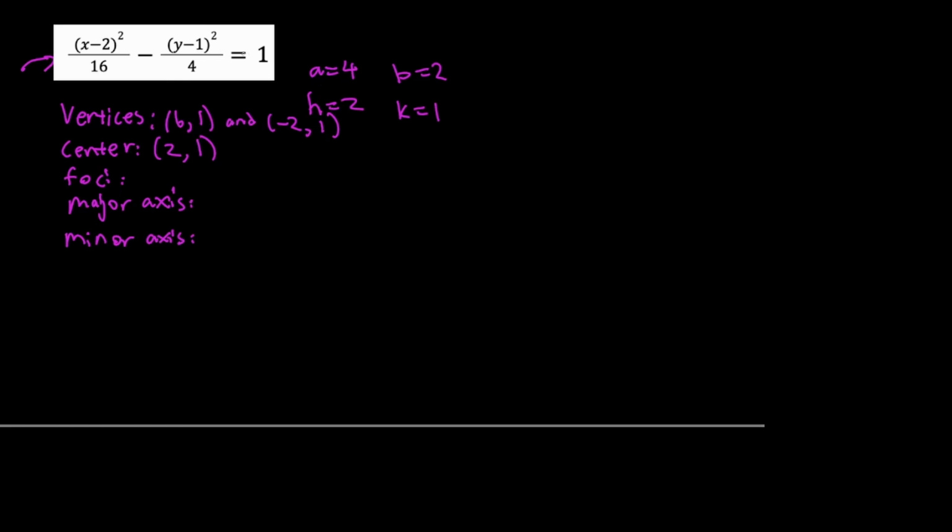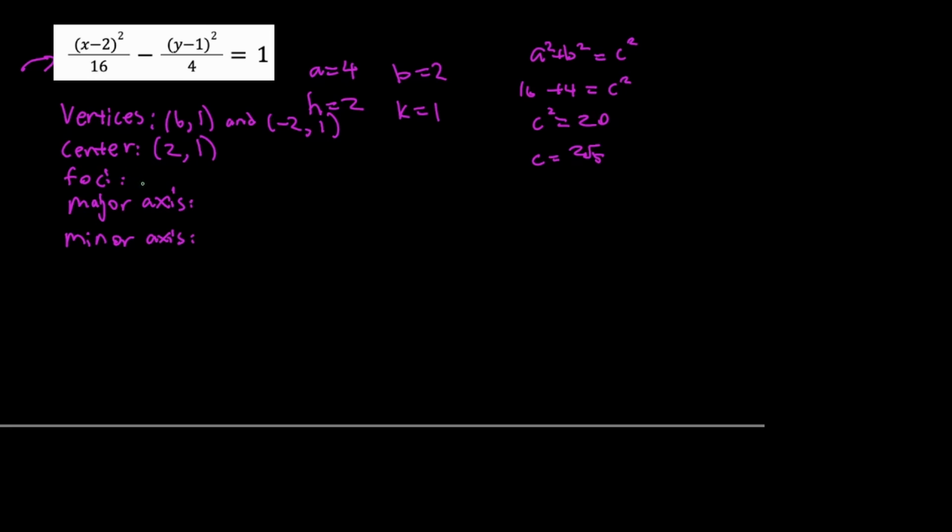To find the foci, we need to find the c value, which is a squared plus b squared equals c squared. So 16 plus 4 equals c squared. C squared equals 20. So c equals 2 root 5.